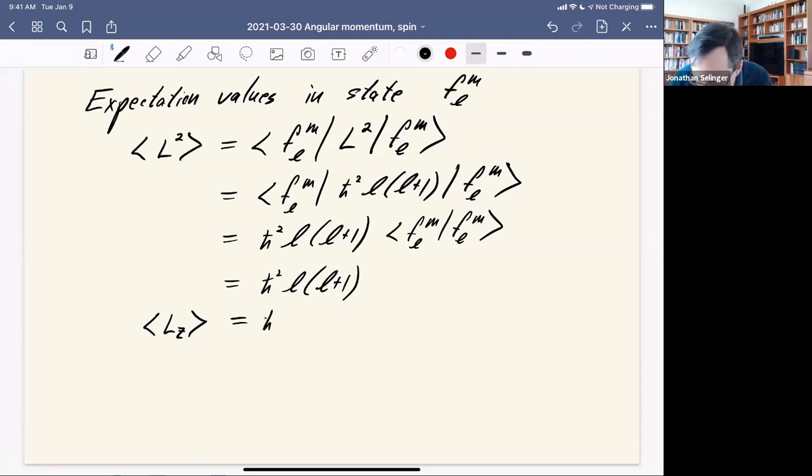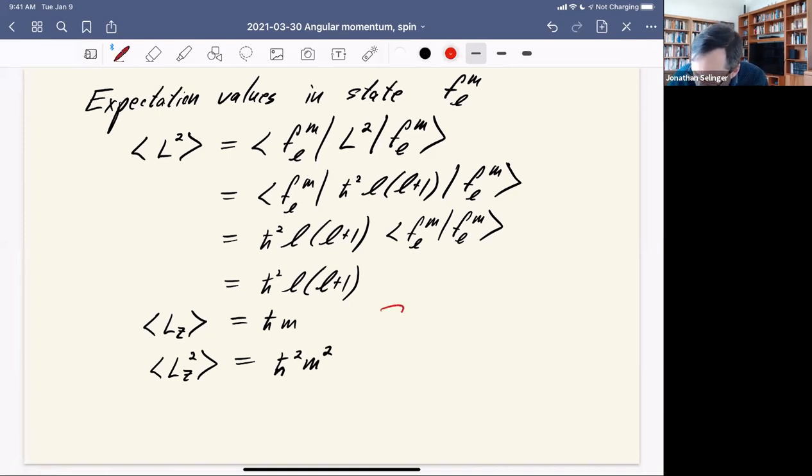This is h bar times M. What about for LZ squared? Well, for LZ squared, we apply LZ twice in one of these expectation values. So that's h bar squared M squared.